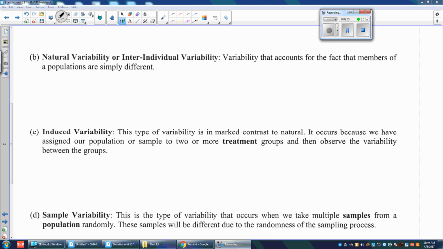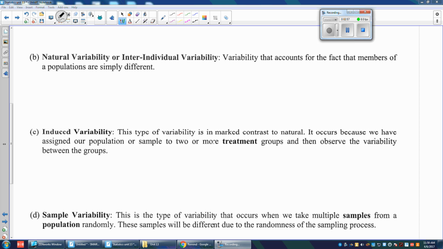Natural variability, or inter-individual, between individual variability. This variability accounts for the fact that people are different, fish are different. You can have different fish growing at different rates, the same type of fish growing at different rates.